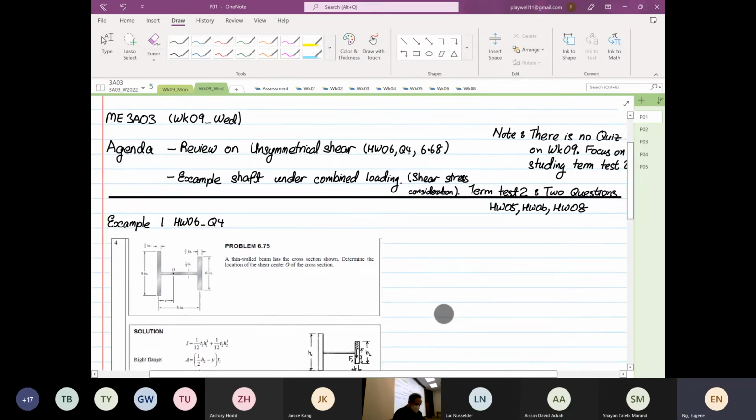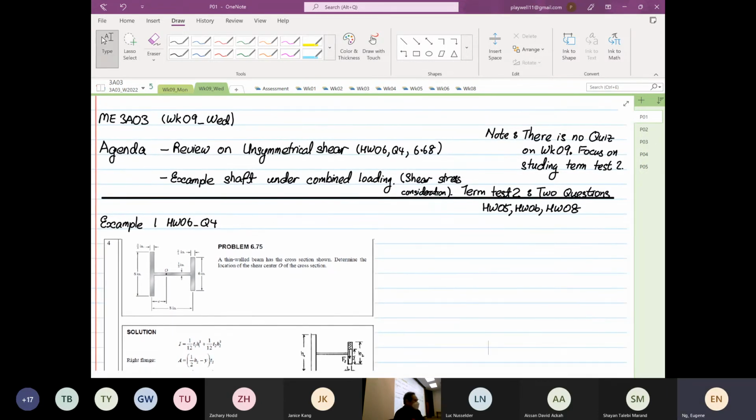And today's agenda is more like a review. The first part, I'm going to review 2 examples on unsymmetrical shear from homework 6, question 4, and question 6.68. Why do I do this? Because I have questions from students asking me about these 2 problems.